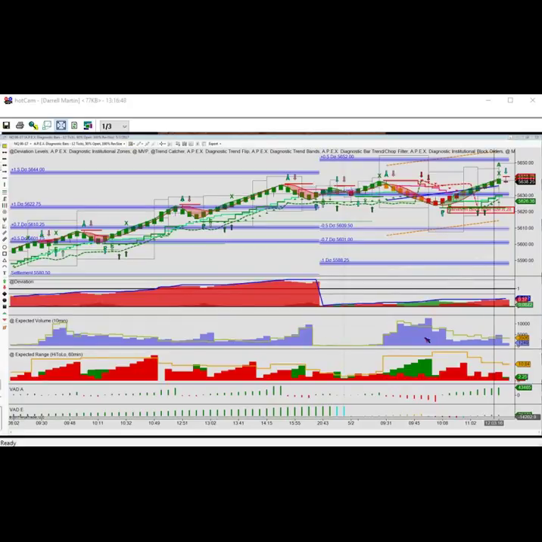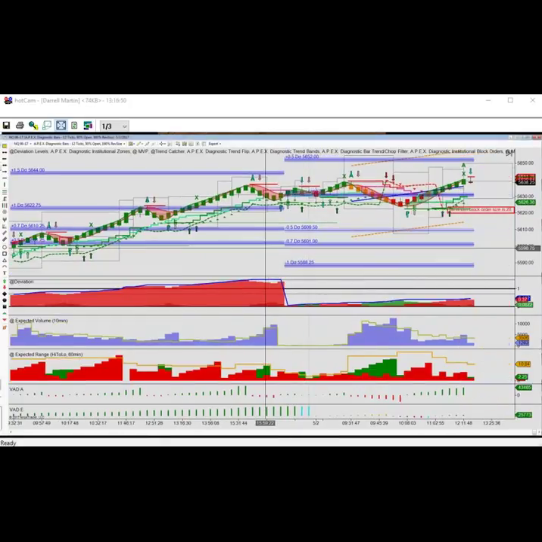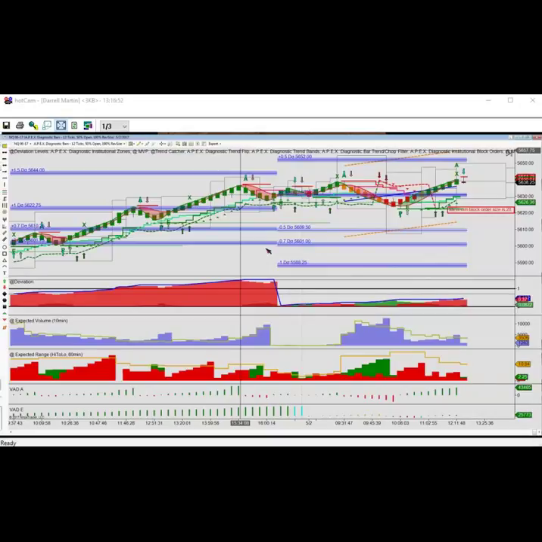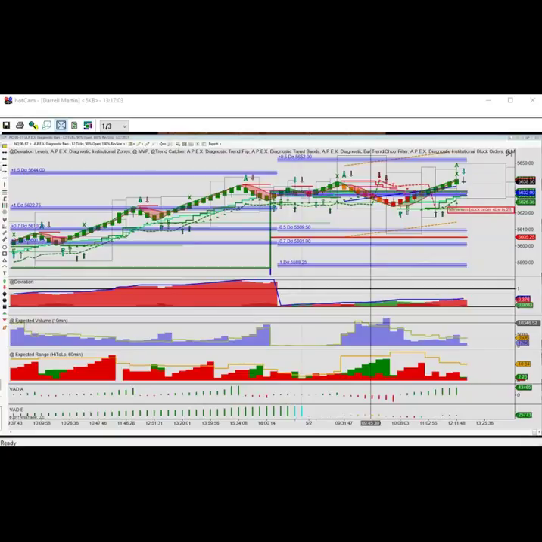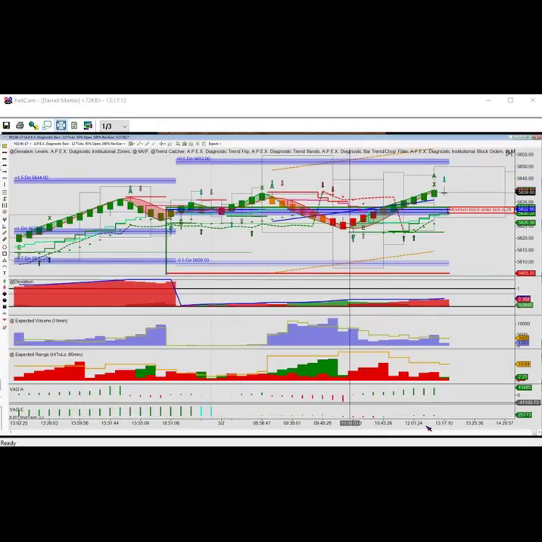Oh, that's probably why it's killing it. Okay. Oh, it's right there. There it is. Okay. Institutional range. I got it. It's loaded. Didn't have a bug. I just messed up. Okay.